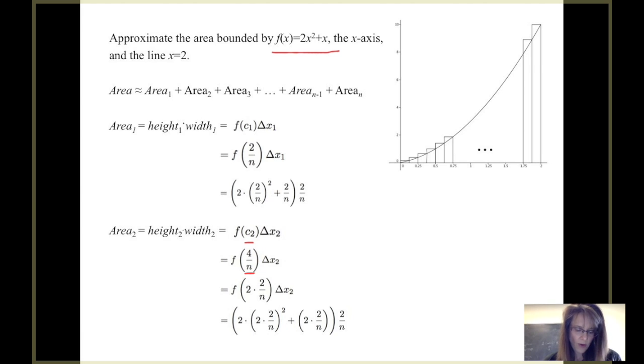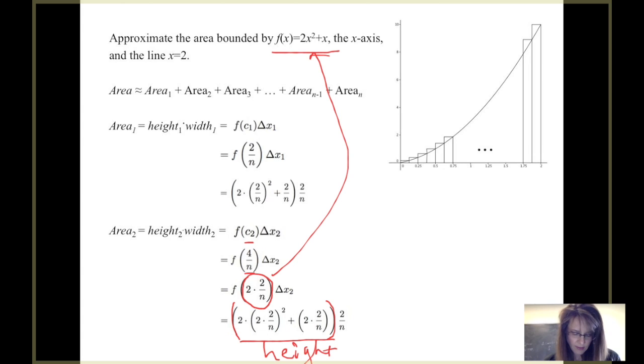But again, 4 over n we can rewrite as 2 times 2 over n. So we're plugging in 2 times 2 over n into our function. We get 2 times (2 times 2 over n) quantity squared, plus 2 times 2 over n. And again, that quantity determines the height, and 2 over n is the width. And there we get the area of our second rectangle.